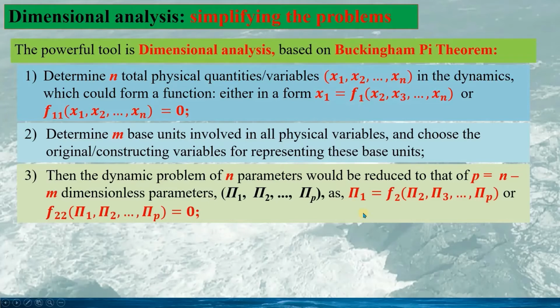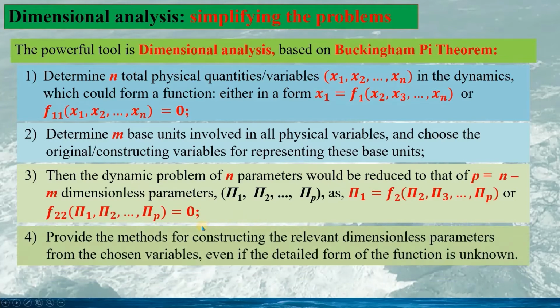Then the dynamic function can be expressed as pi 1 equaling a function f2 of pi 2, pi 3, and pi p, or in a form as a function f22 of the non-dimensional parameters pi 1, pi 2 to pi p equaling 0. And we also see the detailed method for constructing the relevant non-dimensional parameters from the chosen variables, even if the detailed form of the function is unknown.